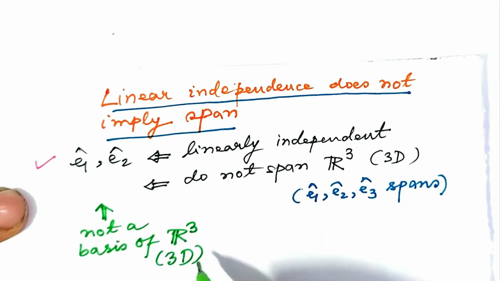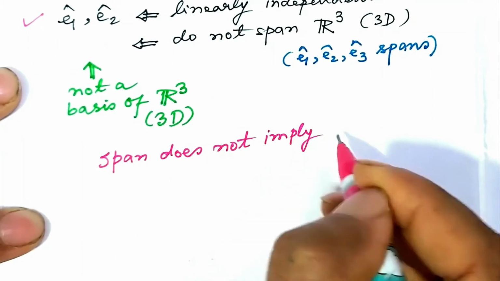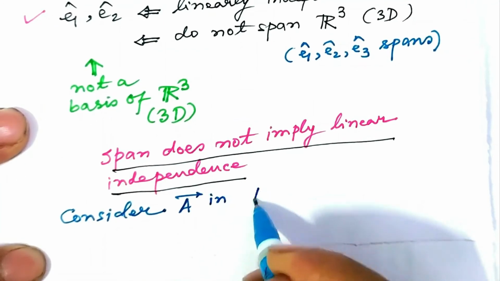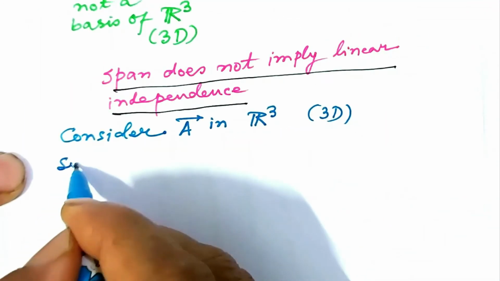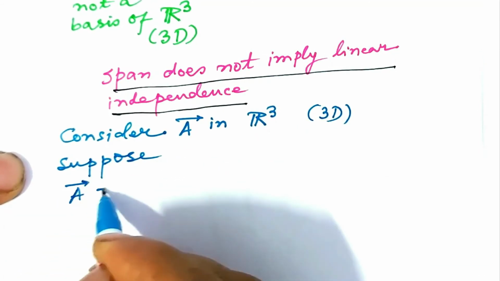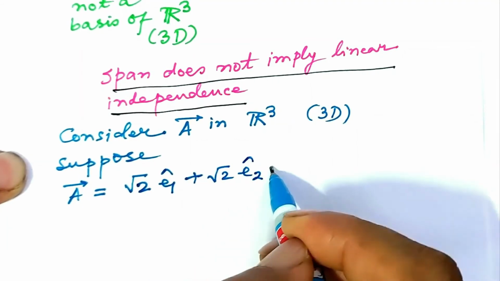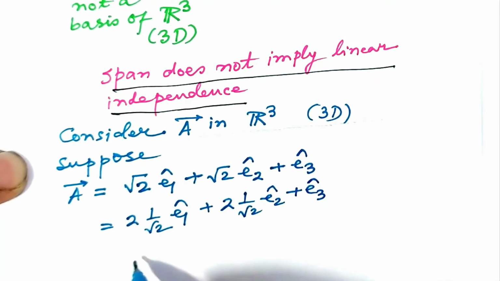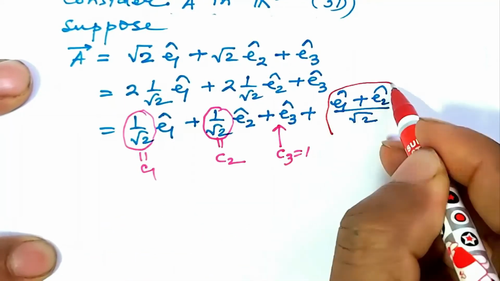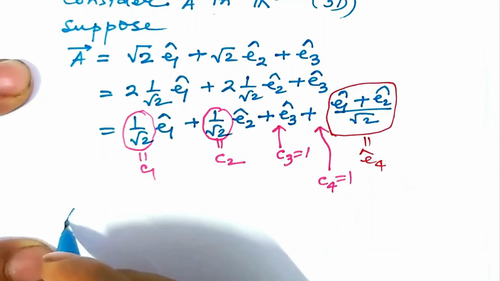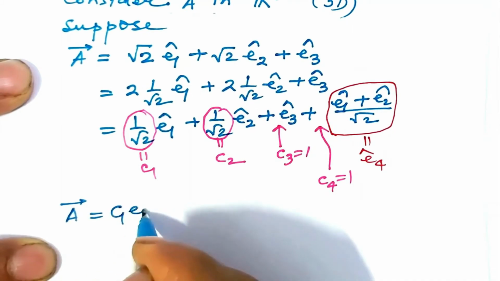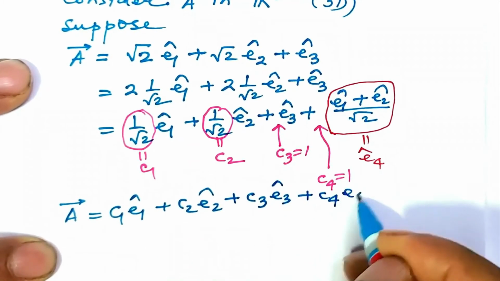Next statement that we make is that span does not imply linear independence. Consider vector A in R3, the 3D space. Suppose vector A is expressed in terms of e1 cap, e2 cap, e3 cap as, which can be manipulated, and finally we end up with vector A being expressed as a linear combination of four vectors e1 cap, e2 cap, e3 cap and e4 cap.